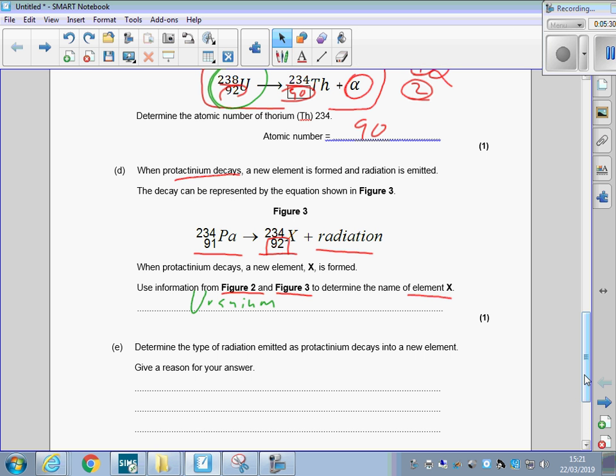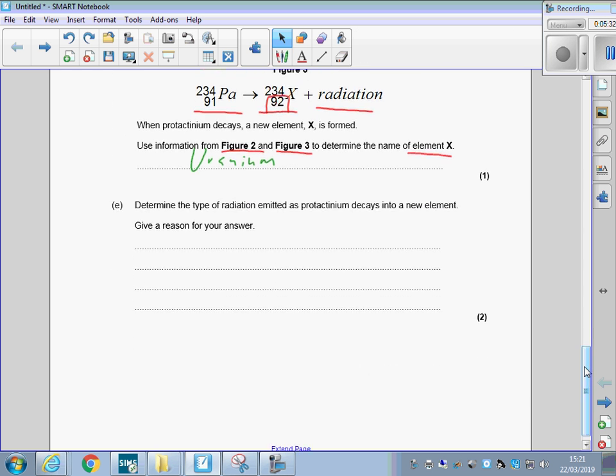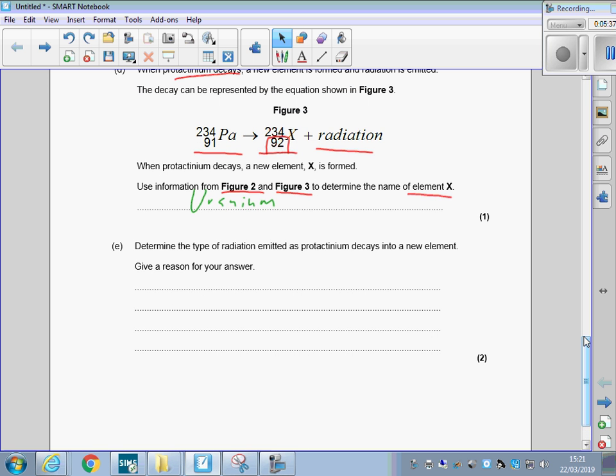Okay, and then the final part of the question, the type of radiation emitted. So what's going on here? We've got 91 protons over here. We've got 92 protons over here. So what's gone on is one of our neutrons has turned into a proton. We've gained an extra proton. And the only time you get radiation when that happens is if you get an electron given off, which is beta radiation.